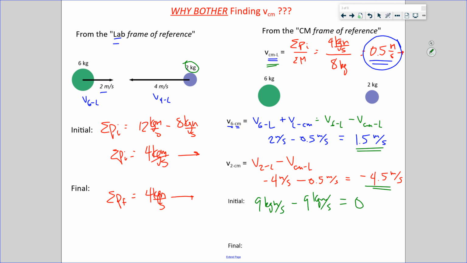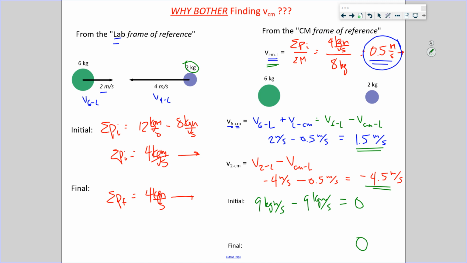So what that's saying is that objects, in this case, prior to collision, are approaching the center of mass at the same relative speed. And we know, because momentum is conserved, that after these things collide, there has to be a constant amount of momentum.